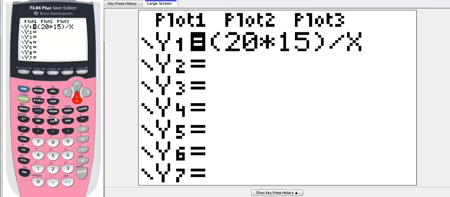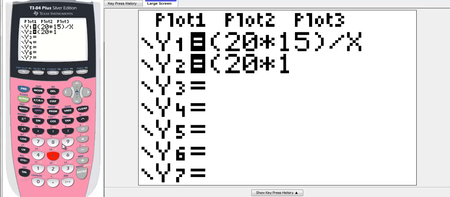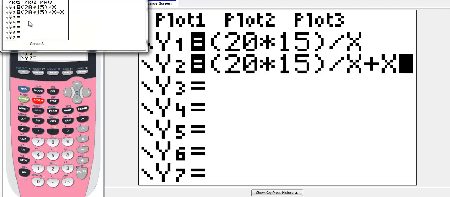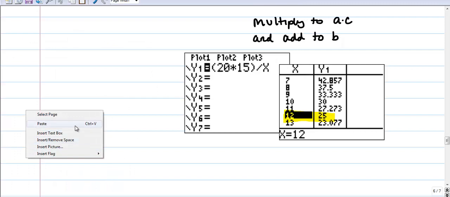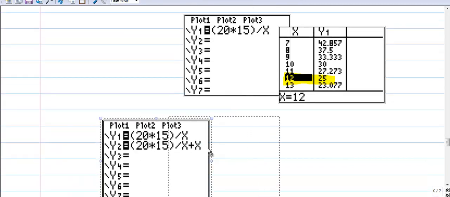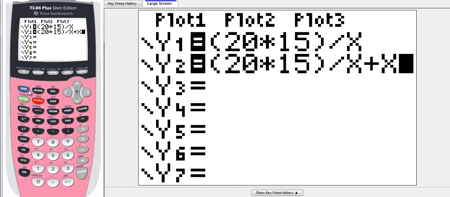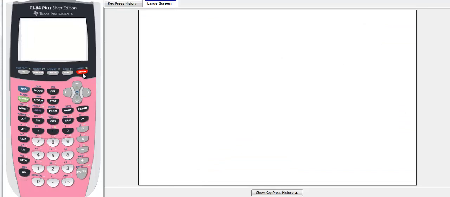You could, on the second line, write 20 times 15 divided by x plus x. Now, if you do it this way, and guys, I know there are calculator programs that will do stuff like this for you, but if you don't have them, then this is a good way to go.